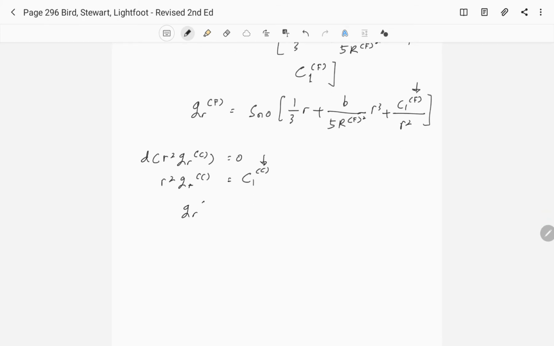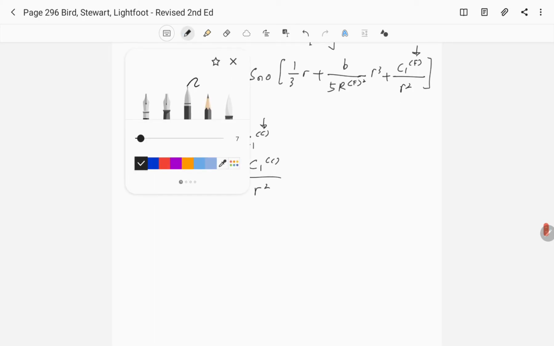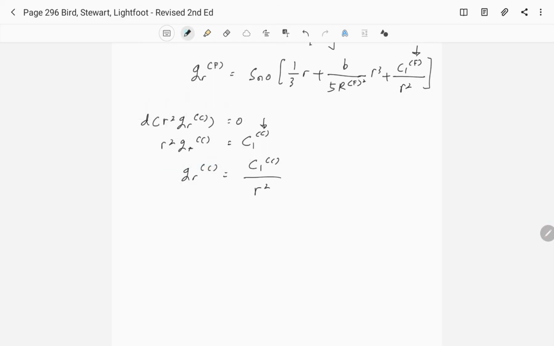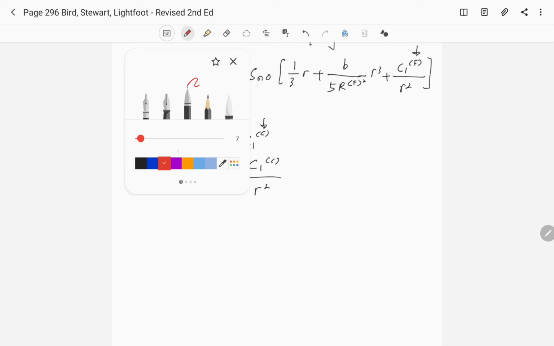Then your q_rc will be equal to C1c divided by r squared. Then we have boundary conditions. Actually we need 4 boundary conditions for this particular problem.